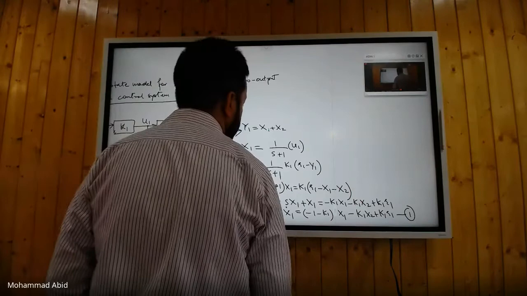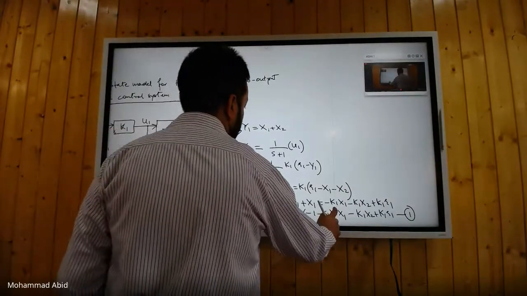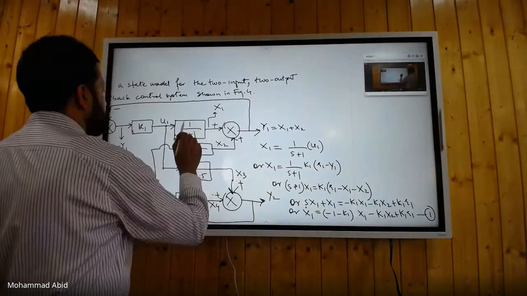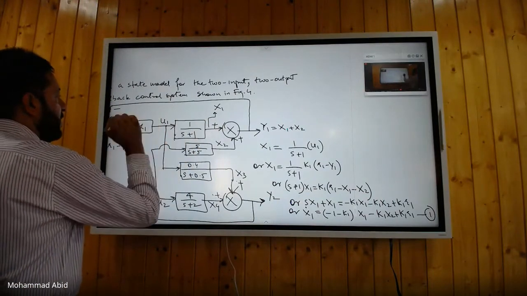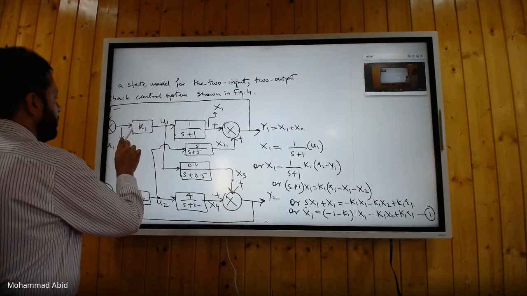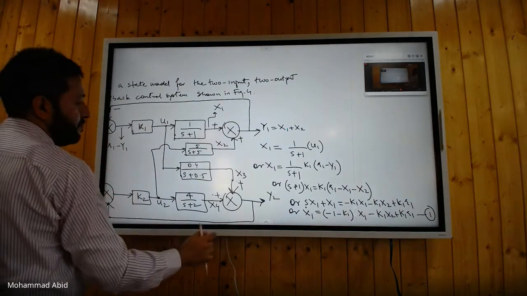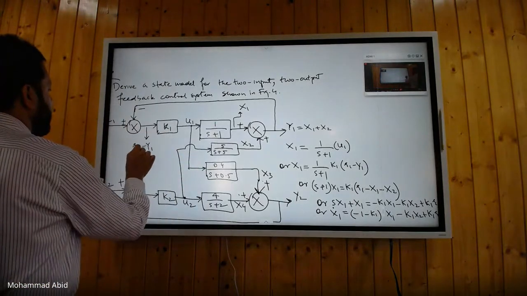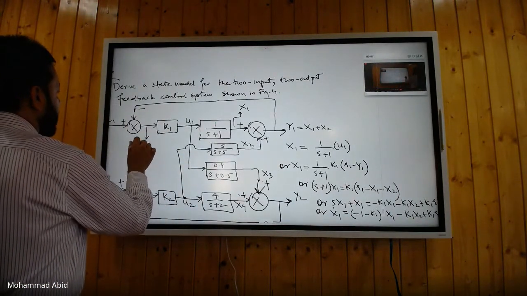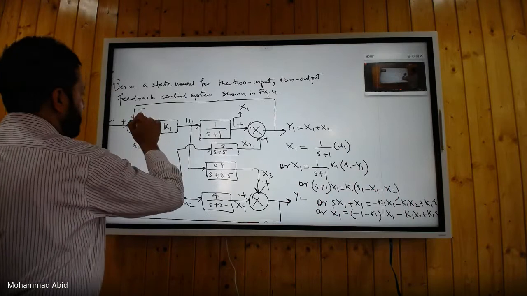Yes, sir. X1 dot की इक्वेशन सबकी समझ में आ गई? X1 dot की इक्वेशन हमने कैसे लिखी? पहले हमने X1 की इक्वेशन लिखी. So X1 is 1 upon S plus 1 into U1. U1 is equal to K1 into this. Isn't it? U1 is equal to K1 into R1 minus Y1, where Y1 is equal to X1 plus X2.